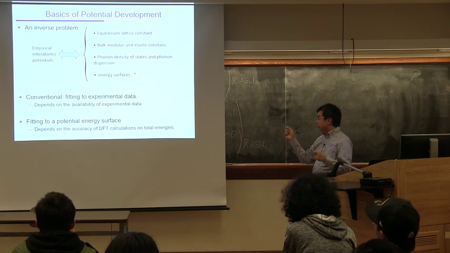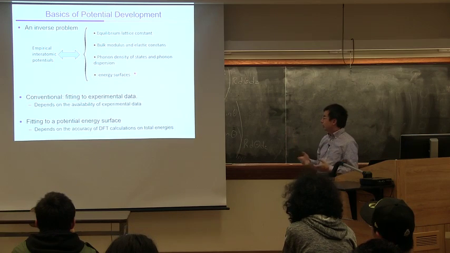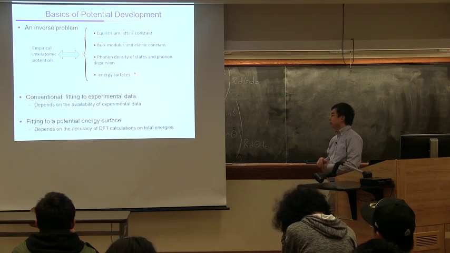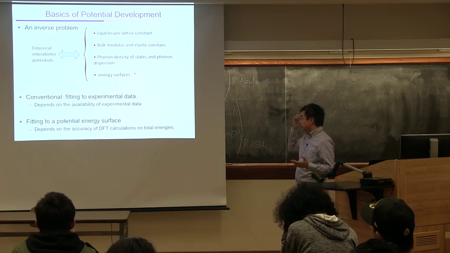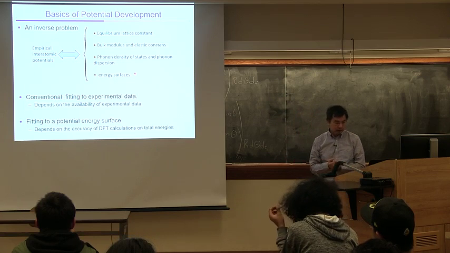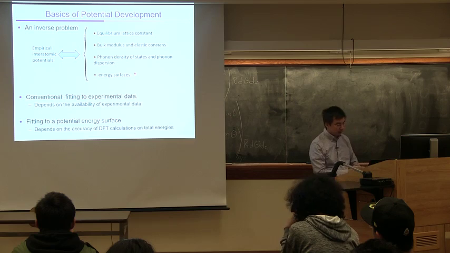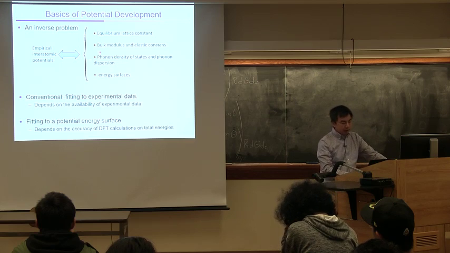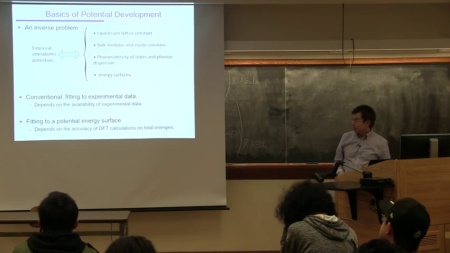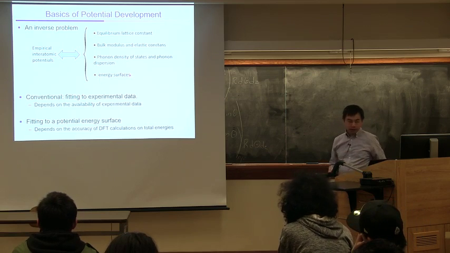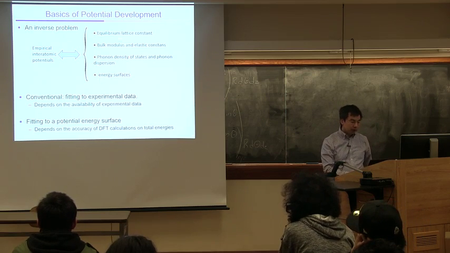For any unique configuration, we can certainly calculate the band structure corresponding to that configuration, and also the total energy for the system, right? Okay, so this is an inverse problem. Now, that has been known for a long time, but conventionally, before the DFT became so practical to use, only the experimental data were used to fit the potentials, right?